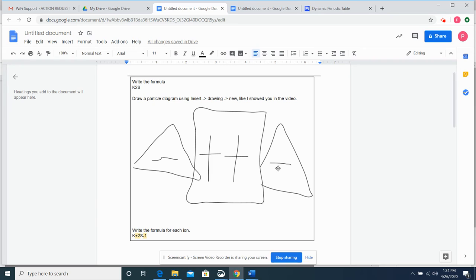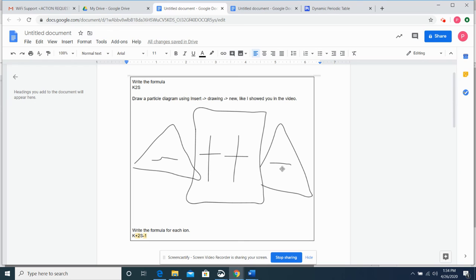All right. And then once you do that, you go back down here and you had to write the formula for each ion. Now, this is the really important part that most of you did incorrectly. If we look at this one, which is incorrect, we would write K with a 1 minus charge, because each of these potassiums have a -1 charge.